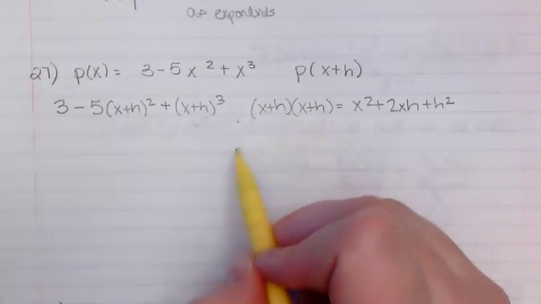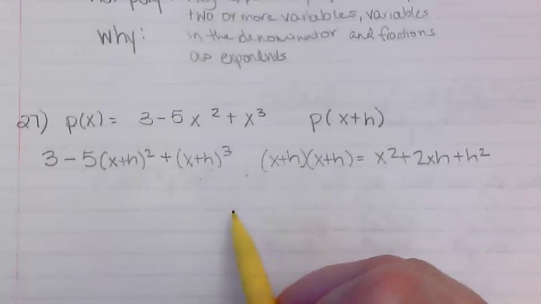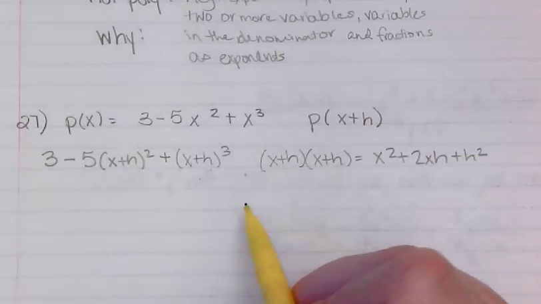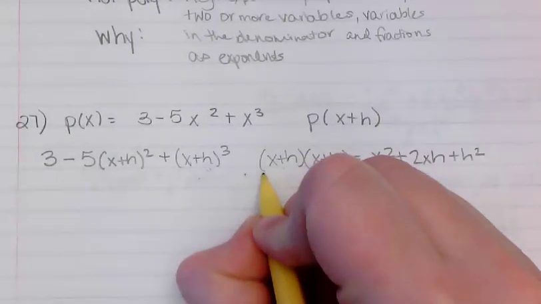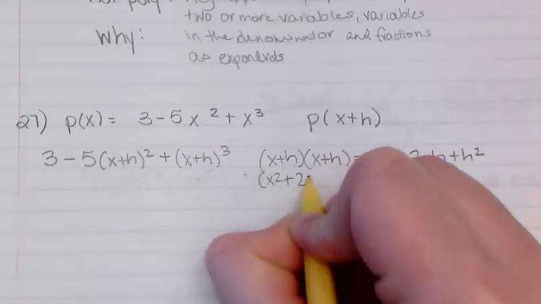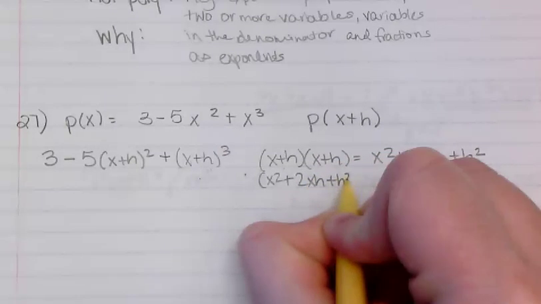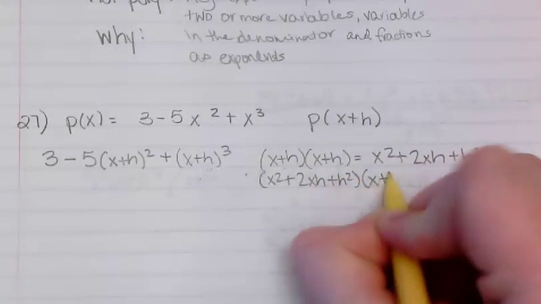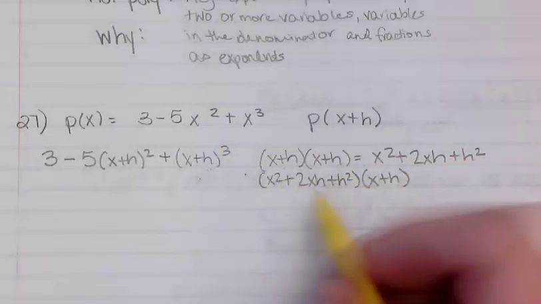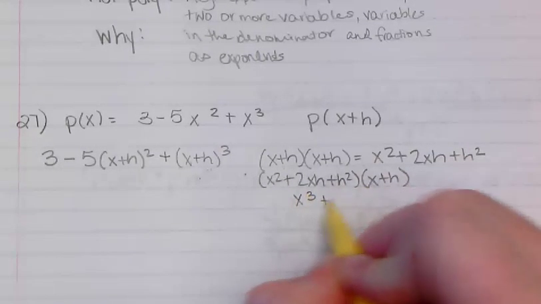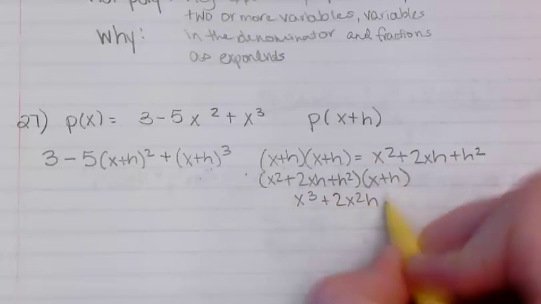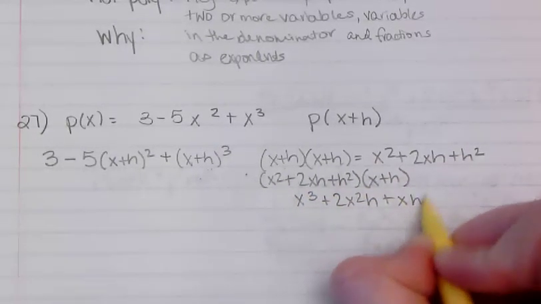So when I'm doing one more set, what I'm going to have is x squared plus 2xh plus h squared times x plus h. So taking x times everything, you get x cubed plus 2x squared h plus xh squared.